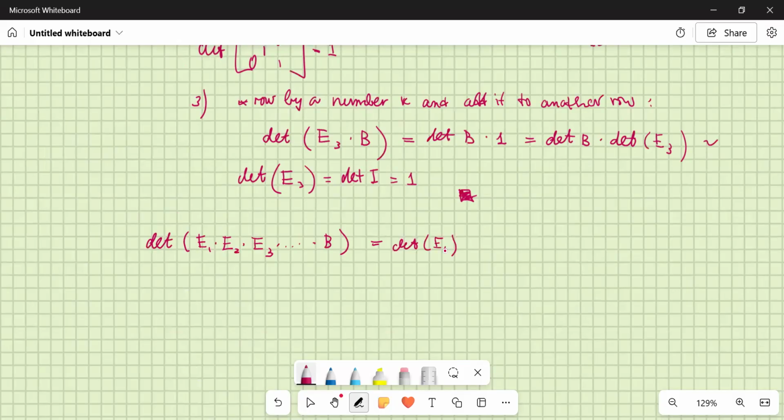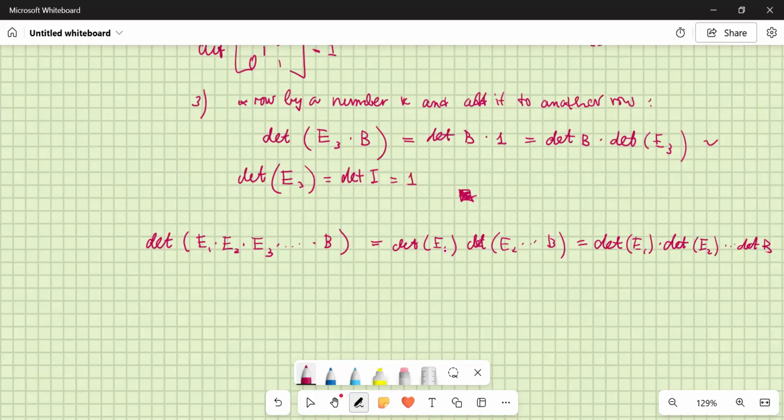And ideally, I'm supposed to write down the determinant of the rest, determinant of E2 and B. And then I can apply the formula to E2 and extend everything into a bunch of determinants: determinant of E1, determinant of E2, and eventually determinant of B. Which is good, right? If you have a product of lots of these elementary matrices, you can apply the formula and split it into a product of determinants.